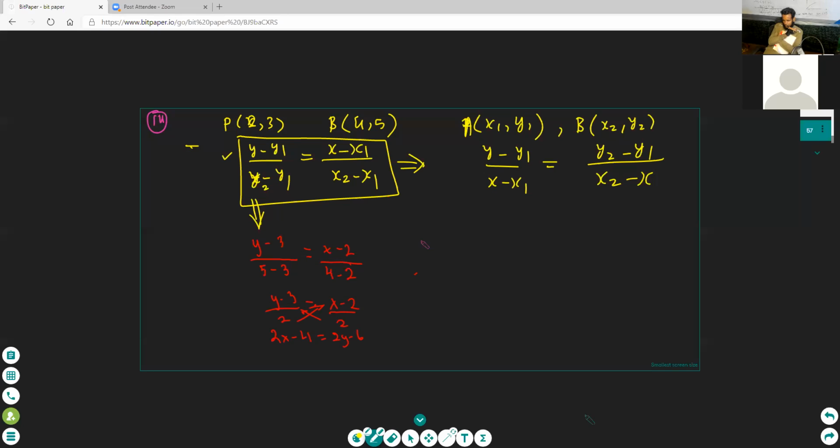And then it's going to be 2x minus 4, 2y minus 6. Then make the simplified form, okay? Make the simplified form. Okay, it is good, but make the simplified form, okay?